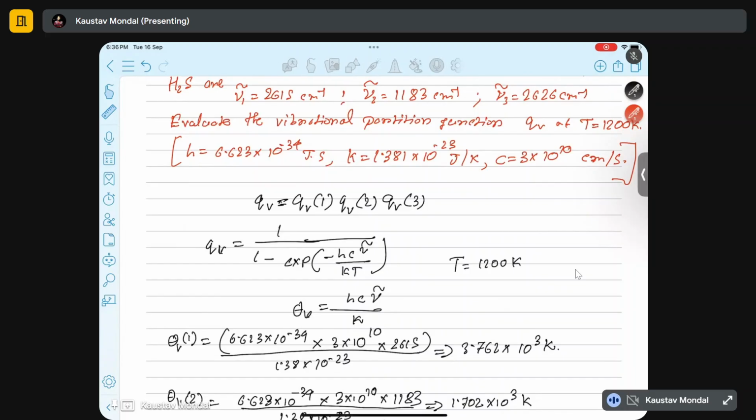So we cannot use the simplified formula; we have to use the conventional formula for QV.